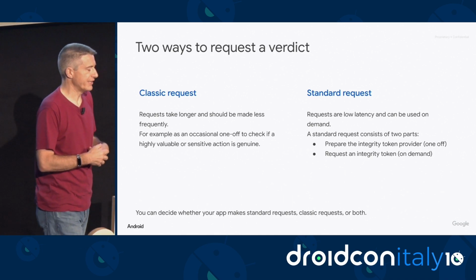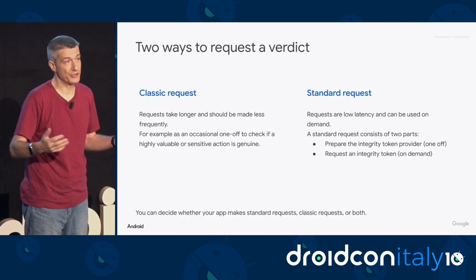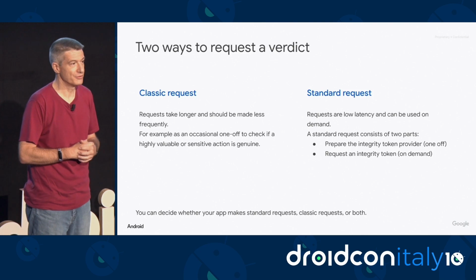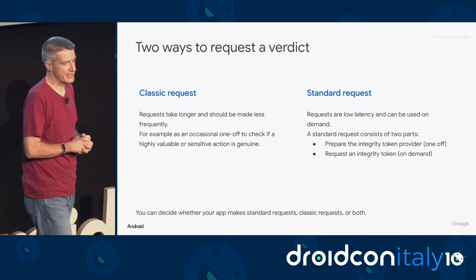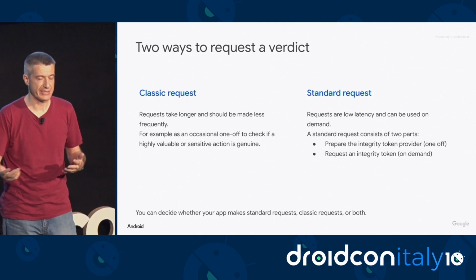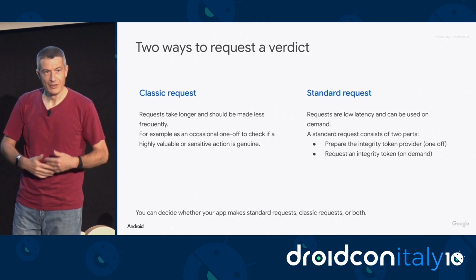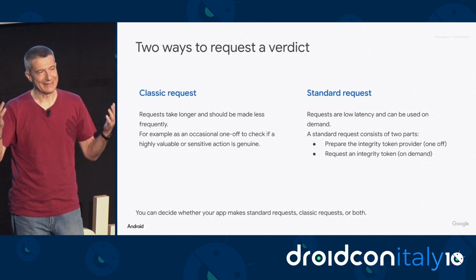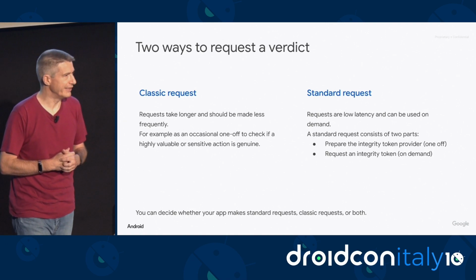So you want to use a classic request if, for example, you are doing a transaction on a financial application, your bank application, before accepting maybe some transaction, and want to do something as expensive as spending a couple of additional seconds. It's not something that you want to do on the application 100 times, 1,000 times a day, because it's going to kill the user experience.